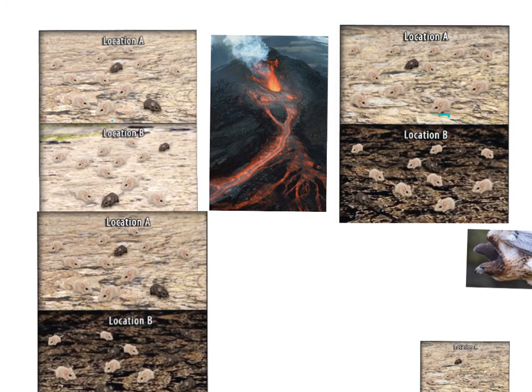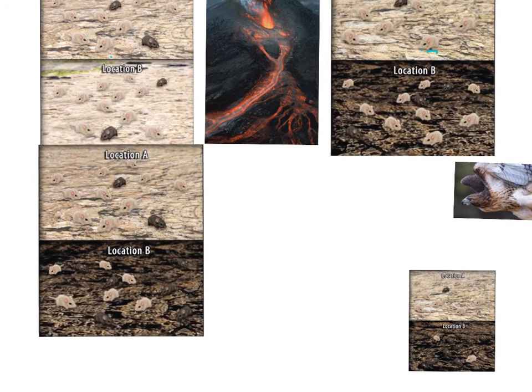So if we look at the next picture, if you count up the number of light and dark mice, which you already did, so I'm not going to, you'll notice there's more dark mice than there are light mice. And that's because those dark mice are surviving. Actually, in that picture, I think it's an even number, isn't it? One, two. Yeah, but there's more dark mice than there were right after the volcanic eruption happened, right?